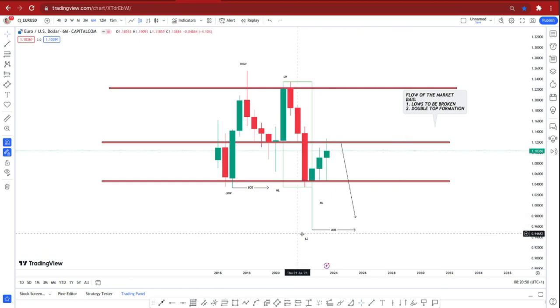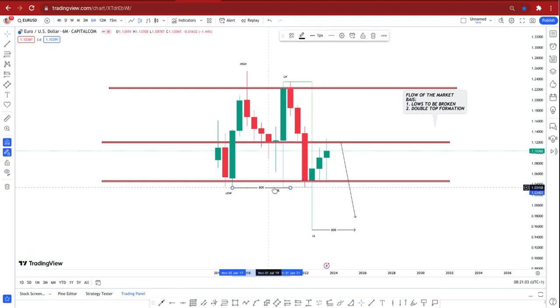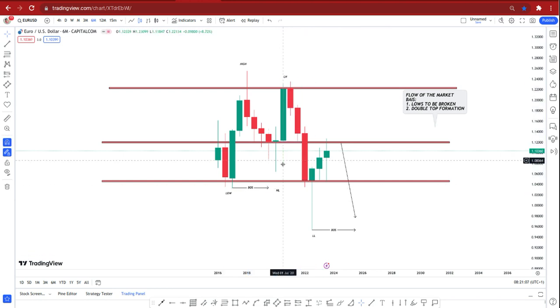So when the market has already created a lower low, I'm expecting to see a more lower high, because here wasn't taken out. This didn't take out this low, so before forming another, this is a higher low.